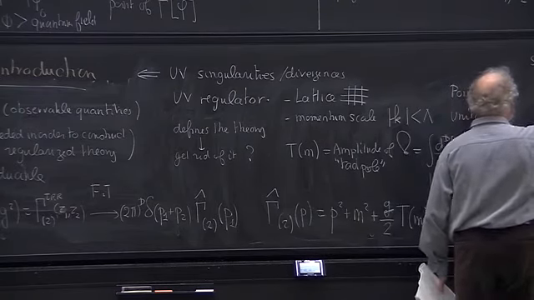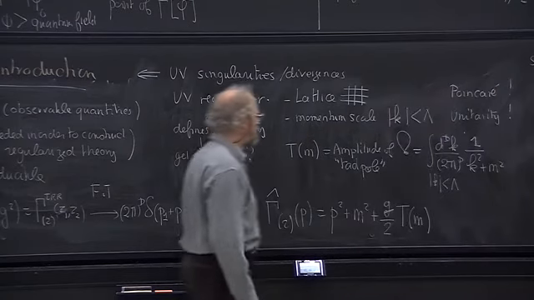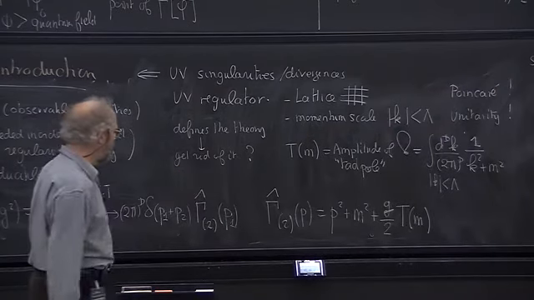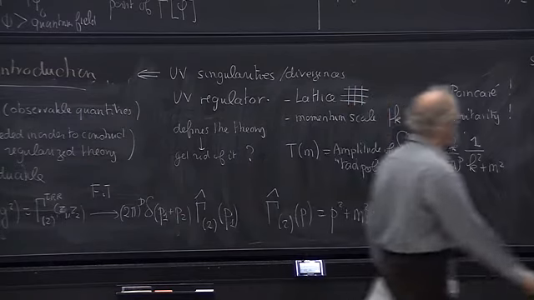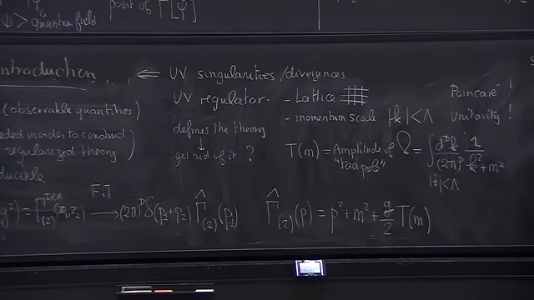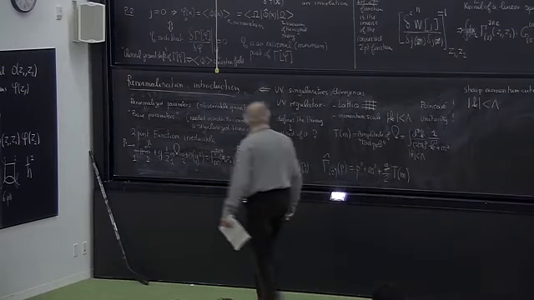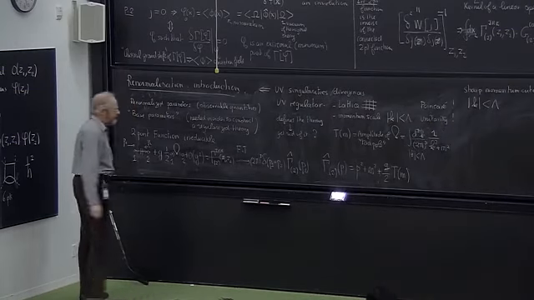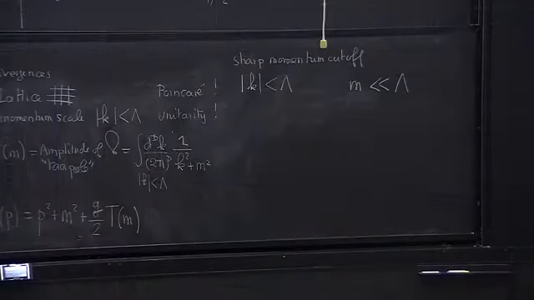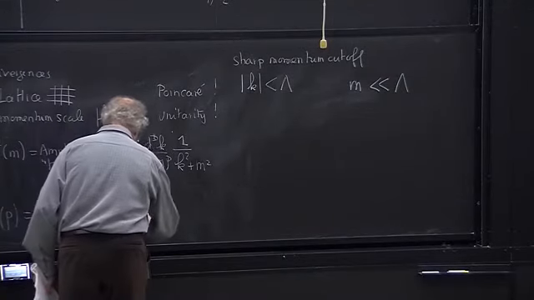So I integrate over the momenta inside a ball of radius Λ, with Λ much larger than m, because m is what we would have expected to be a physical mass. Then, of course, this is a function of m and of Λ.